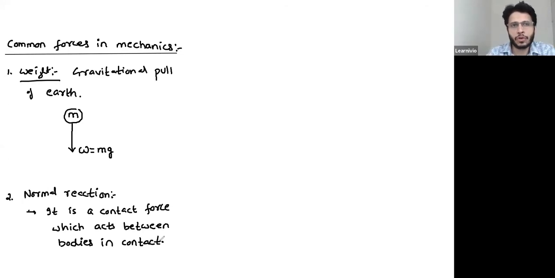So this is the force which acts between two bodies when they are placed in contact. Let's say this is a surface. Over the surface, I placed a body of mass m. So due to the contact between the body and the surface, a contact force which is known as normal reaction will act on the body.